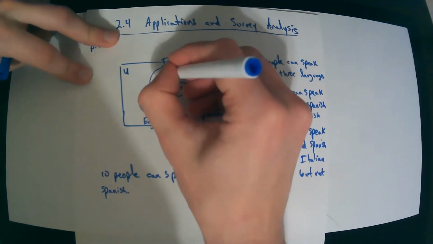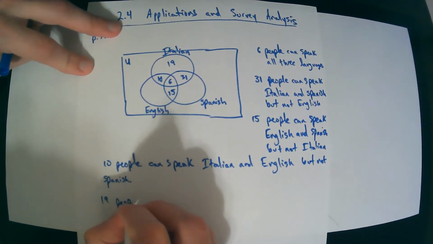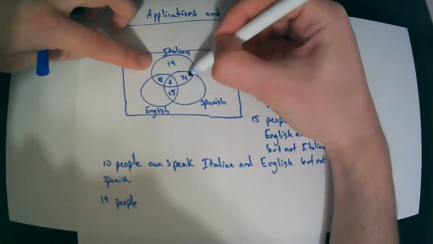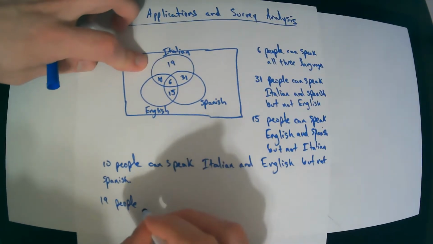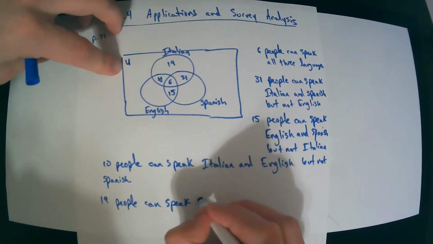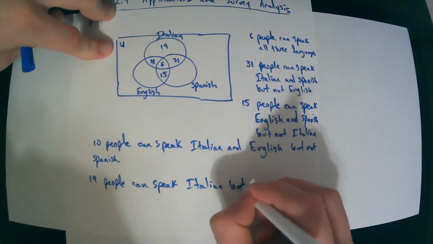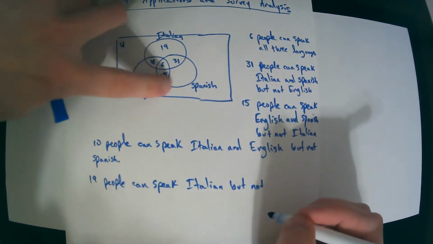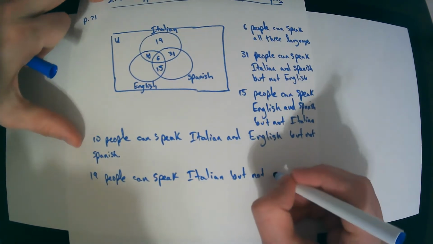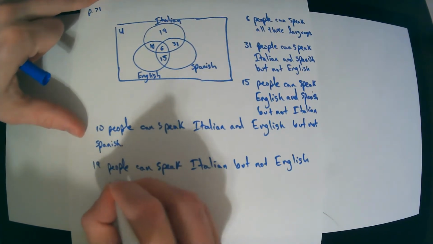Now, what about these outermost numbers? 19 people. What is this group? 19 people over here. They're in the Italian circle, so they can speak Italian. But they are not in the English circle or the Spanish circle, so they do not speak English or Spanish.